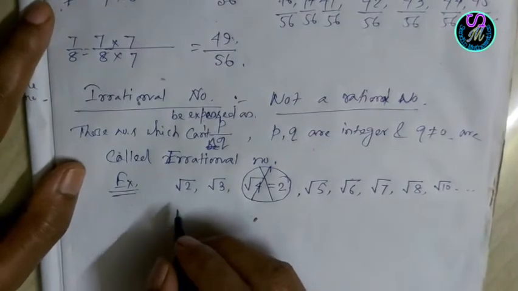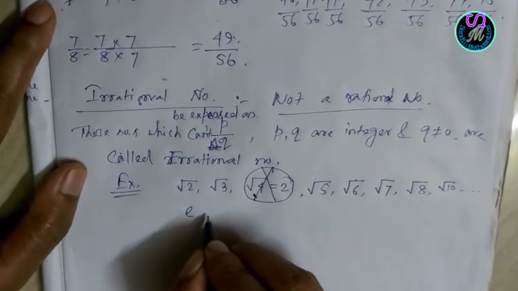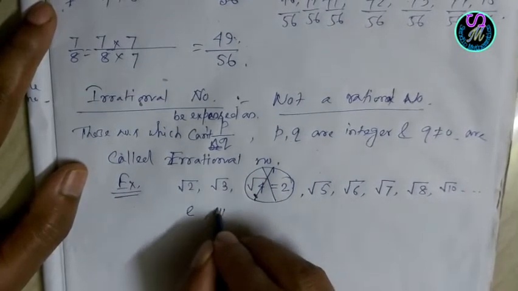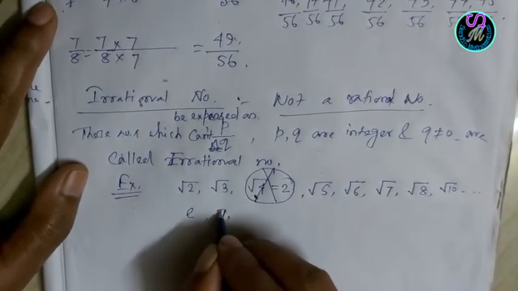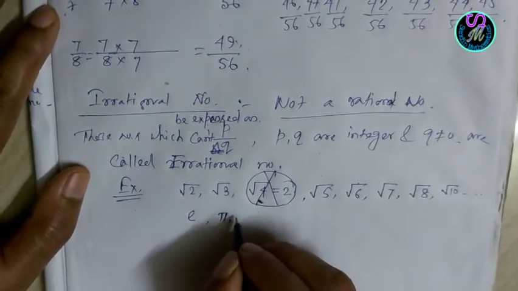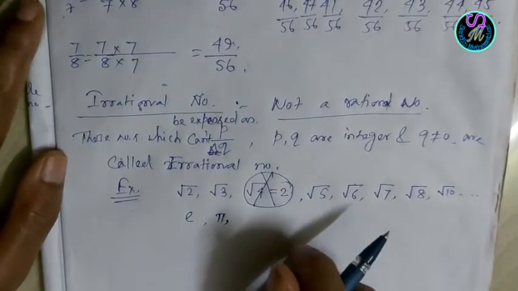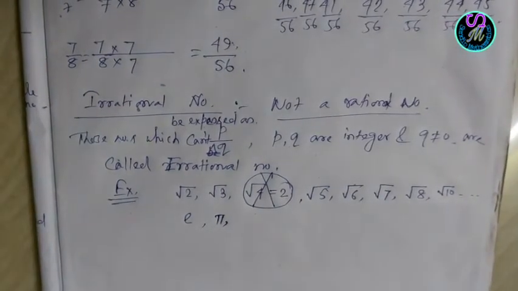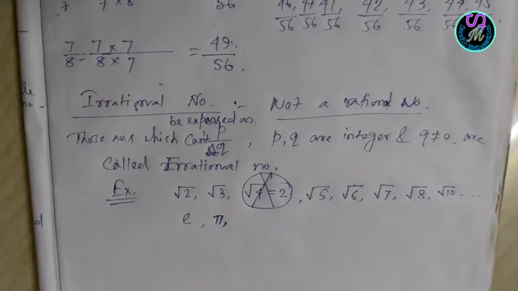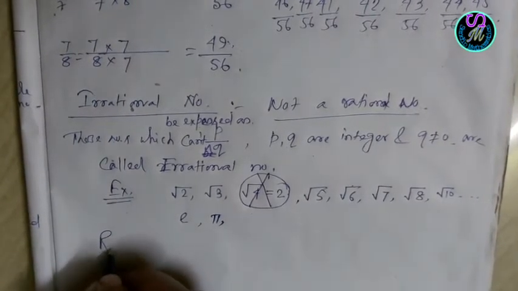Another irrational number is e, the exponential constant, and pi. Everyone knows the value of pi, 22 by 7 or 3.14. So e and pi are also irrational numbers.